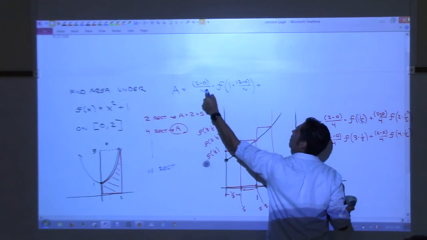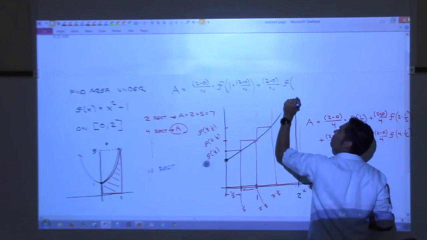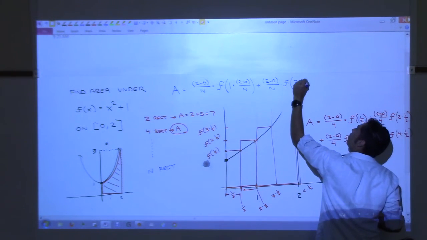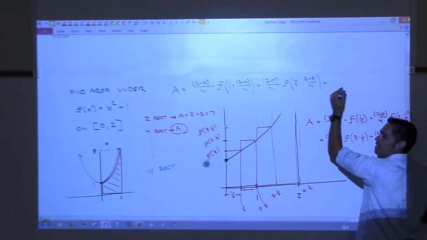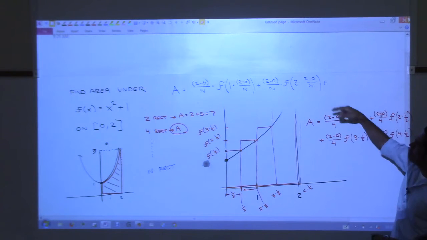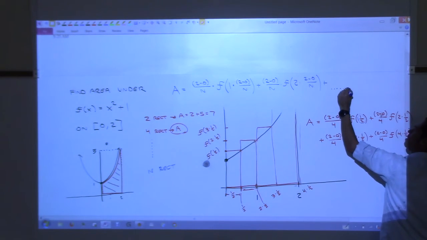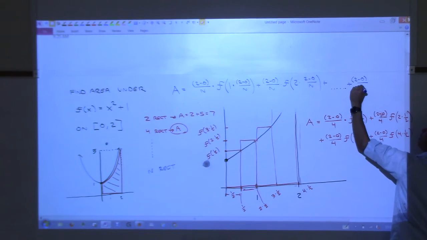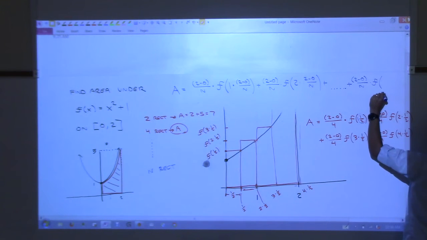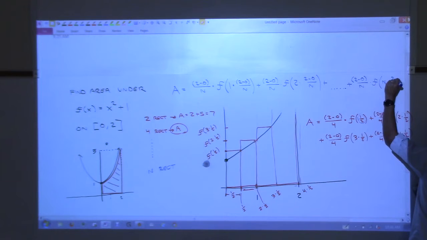Then plus another width of a rectangle, 2 minus 0 over n times f of 2 of those 2 minus 0 over n's. Then plus, same thing, 2 minus 0 over n times f of 3 of those. And I keep doing that until I get to the very last one, which would be 2 minus 0 over n times f of n, because I'm stopping at n this time, n of those 2 minus 0 over n's.